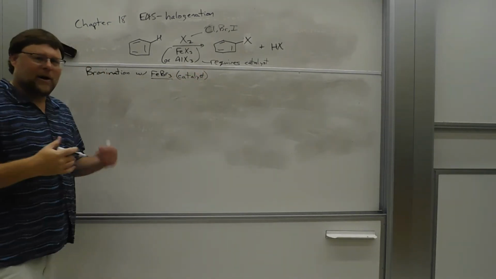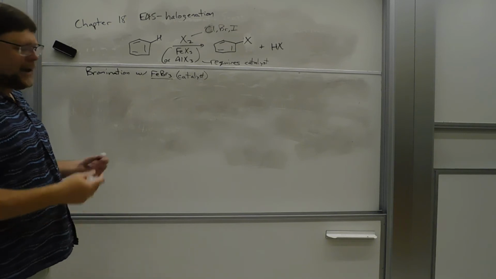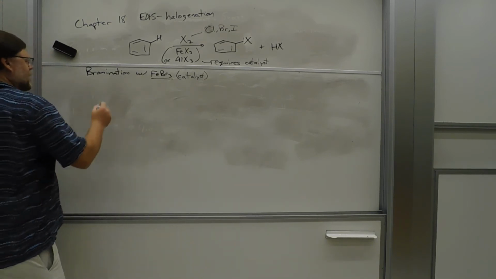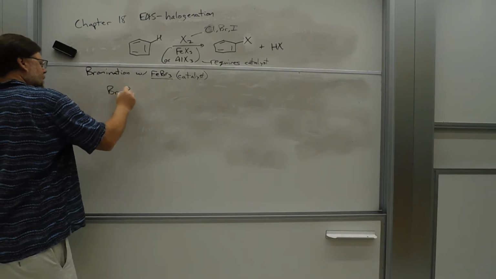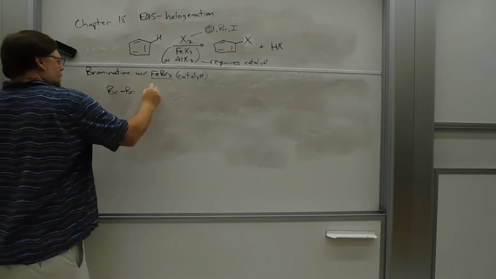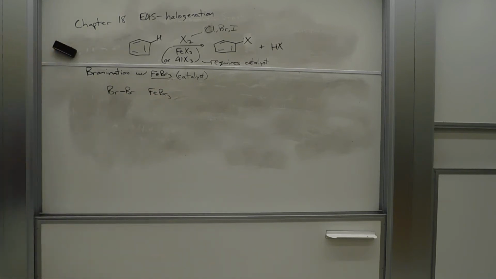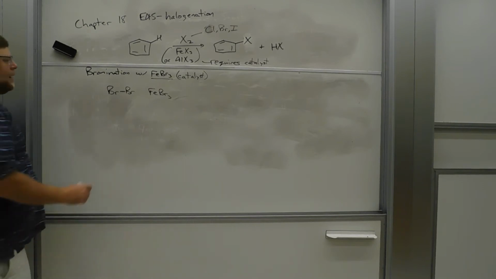You can't just say it's a catalyst, it makes the reaction go. I mean, you can, but you're not going to understand the reaction. Iron is a metal, it's not very electronegative.